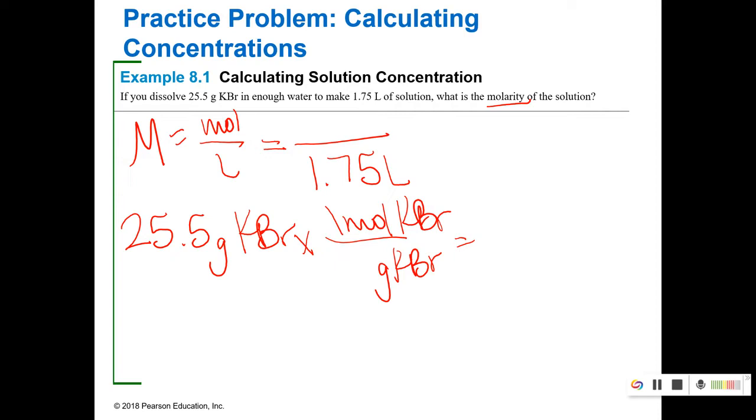So the molar mass of potassium bromide is 119. So 25.5 divided by 119. I get 0.214 moles.